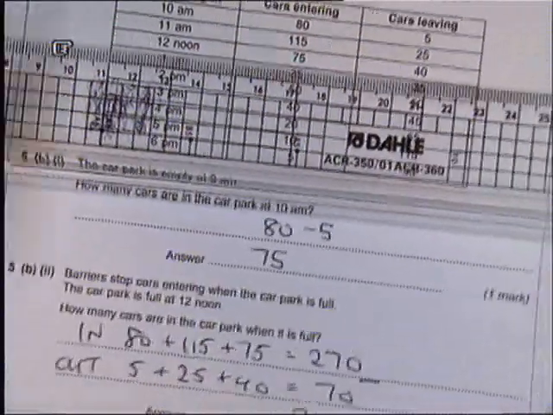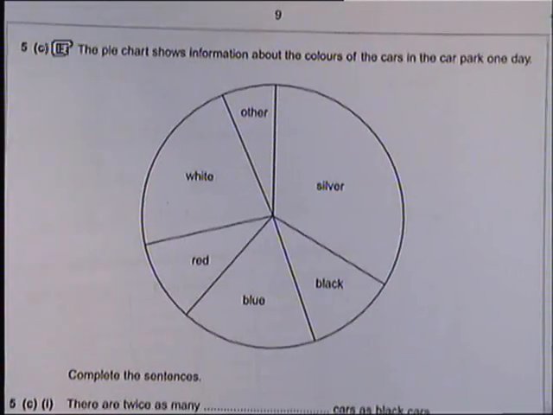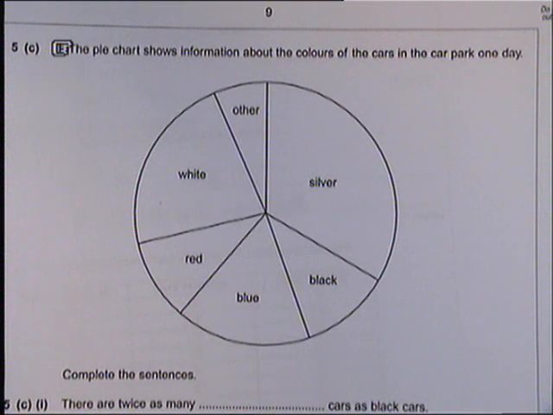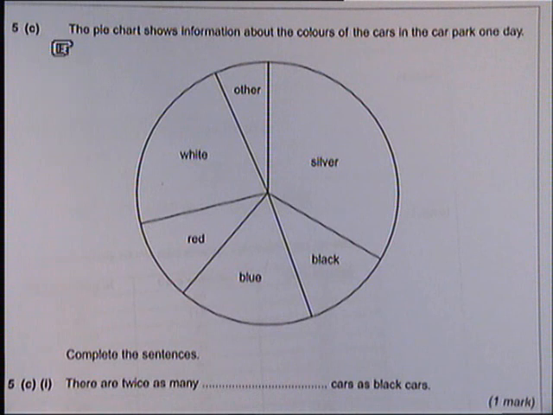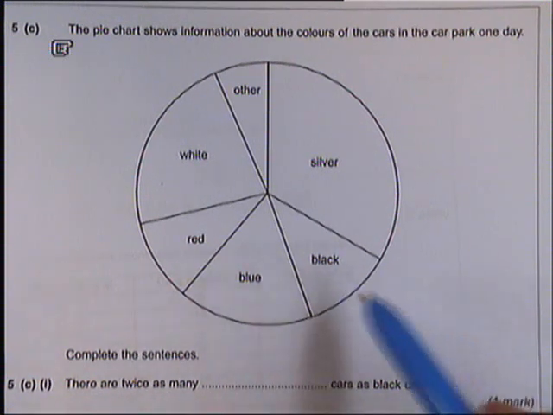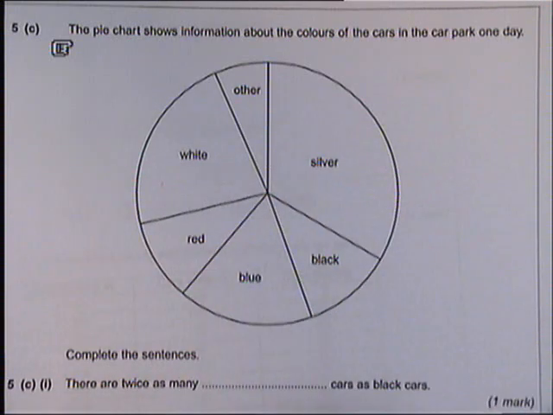So if we move on to the next part of the question, we've now got a pie chart showing information about the colours of the cars in that car park one day. And we've got some sentences to complete. There are twice as many white cars as black cars. Well, if we look at the black ones, we've got to find part of this pie chart where the space is twice as much as it is for the black.